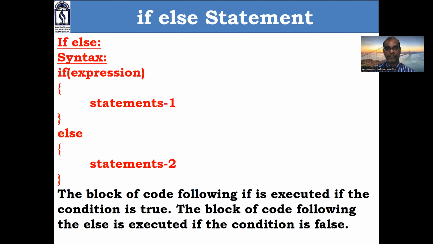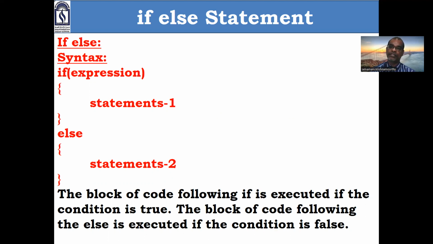How does it work? We have only one expression, but two sets of statements. The block of code following if, that is statement 1, is executed if the condition, that means the expression, is true, and the block of code following else is executed if the condition is false.